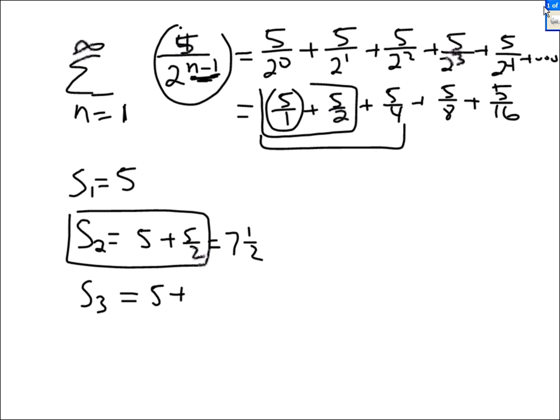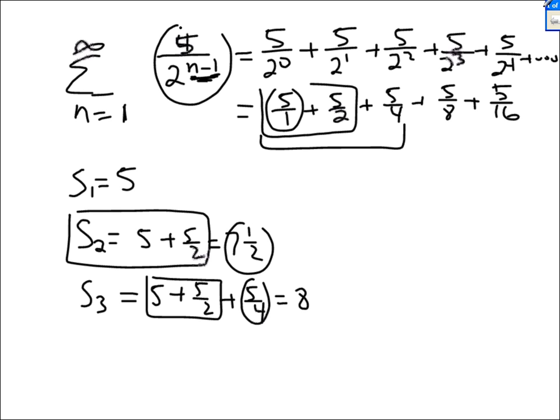It's 5 plus 5 over 2 plus 5 over 4. I guess it's 8 3/4. I added 1 1/4 to the number above, because this is S2, 7.5. 8 3/4.